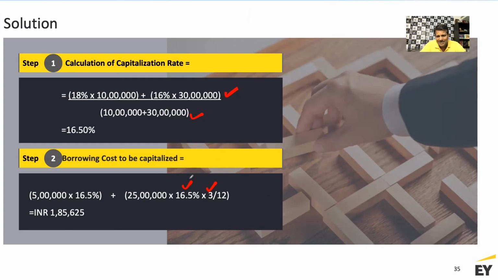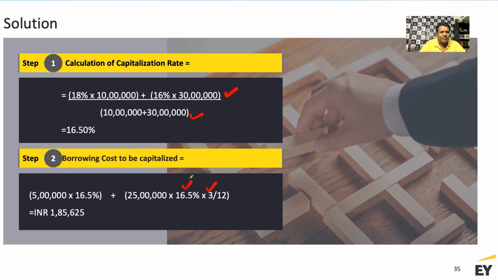I have not considered specific borrowing here, because specific borrowing was in relation to the office building, and that construction is still to happen. If this office building had been completed, then this specific borrowing also possibly would have formed part of my general borrowing pool, and I would have considered it to determine the appropriate capitalization rate.